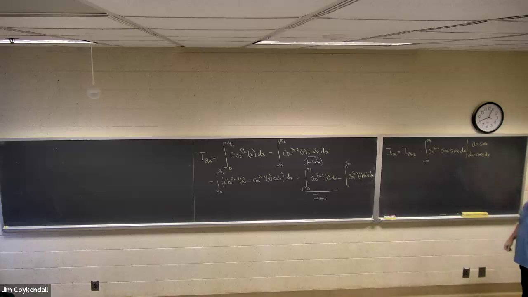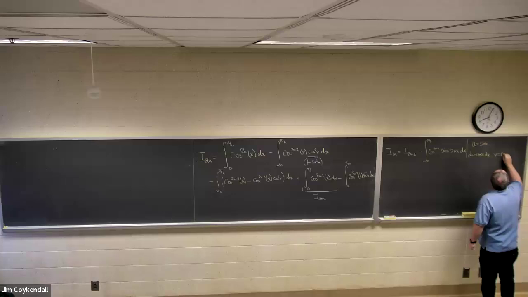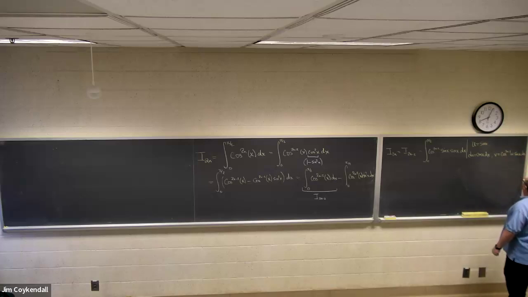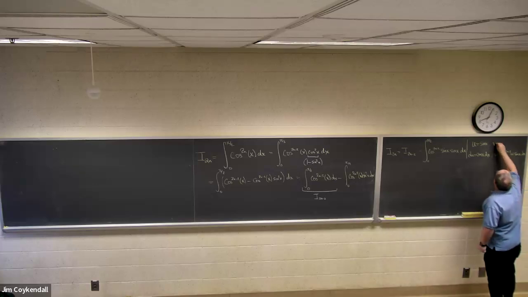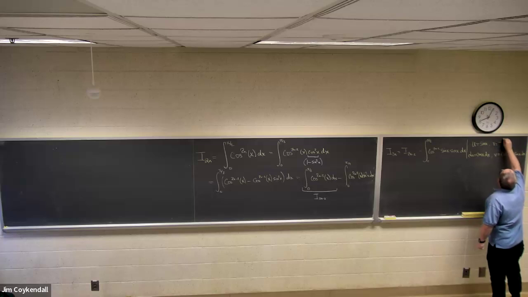Now, this is a more complicated piece than I'm usually used to doing by parts, but I'm going to do it: cosine 2n minus 2 x sine x dx. If I remember right, in parts I've got to be able to integrate this in my head. Taking the derivative of sine is easier, but does anybody see the trick here? Notice sine x is essentially the derivative of cosine up to a sign.